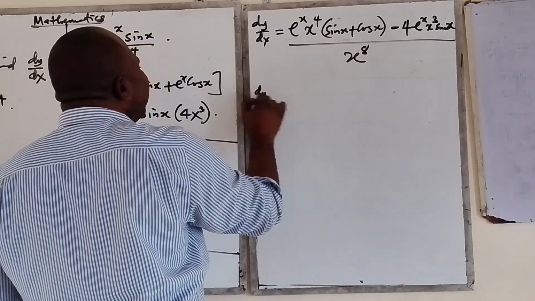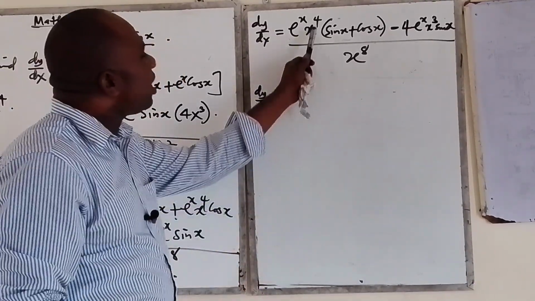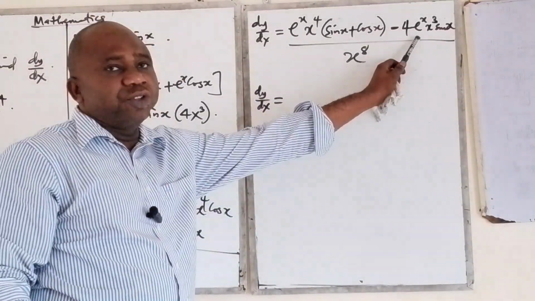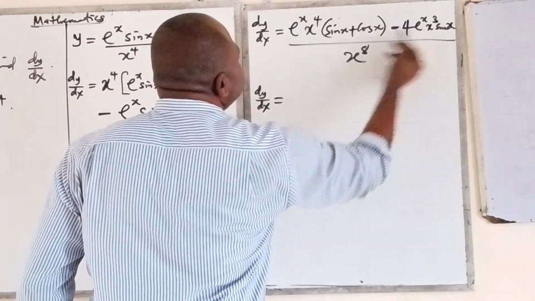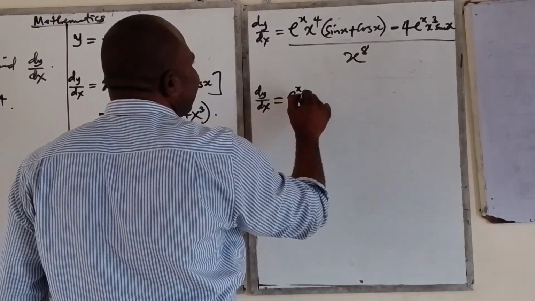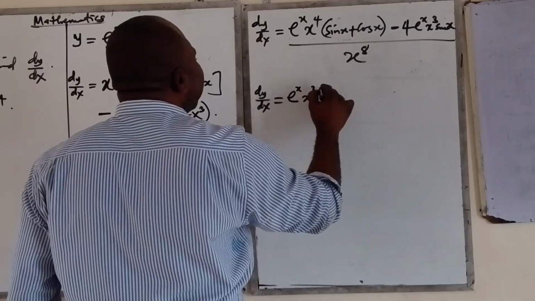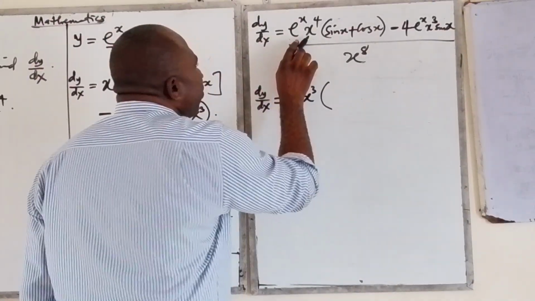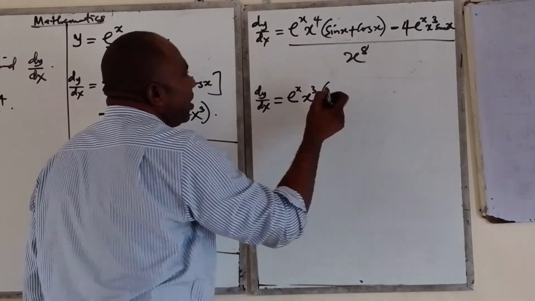Now you can't just cancel this because we have another function here. But if you look at this very well, x raised to the power of 3 is common. So now we have e raised to the power of x, then I'll pick x raised to the power of 3 out, then in brackets, if you remove x power 3 from x power 4, you'll be left with x.